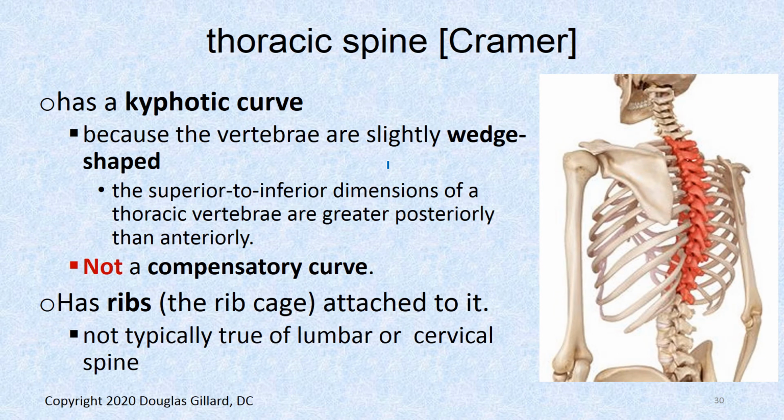The curve is kyphotic. We already looked at that because the vertebrae are slightly wedge-shaped. This is not a compensatory curve. This is in vivo. You come right out of the chute with a thoracic curve. You have to because the vertebrae are wedge-shaped.